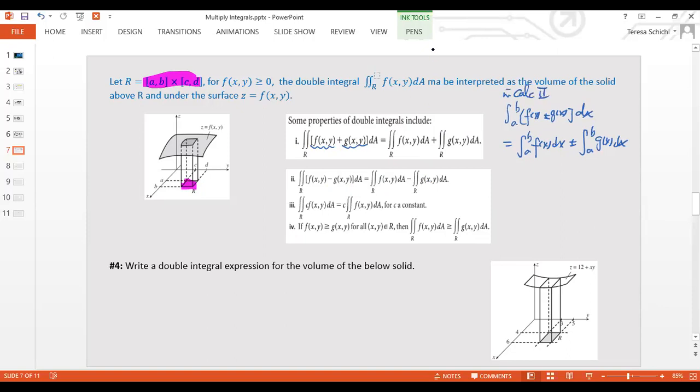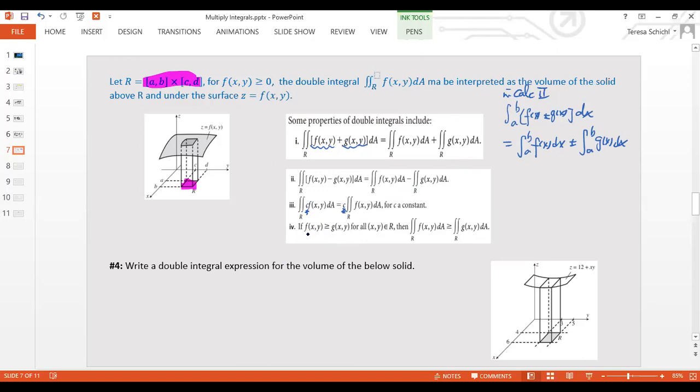Also, if you have a constant, you can move the constant out. We did that in Calculus 2 also. If you have a constant times a function, you can do that.